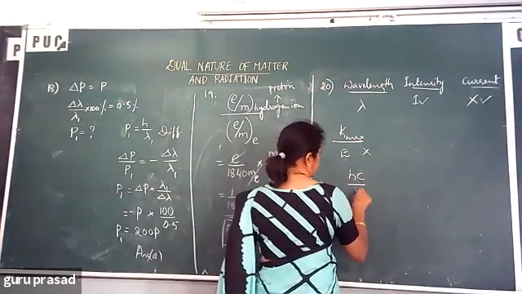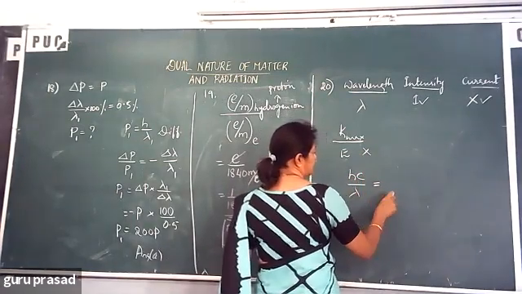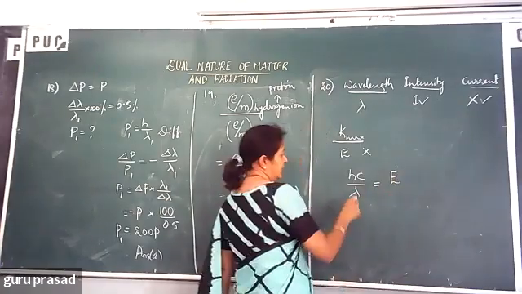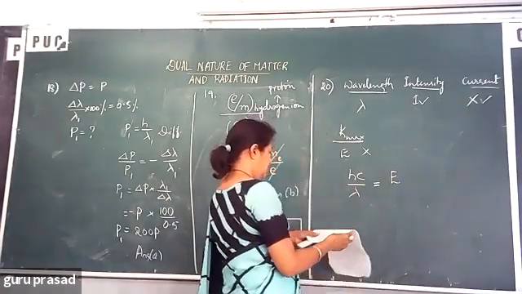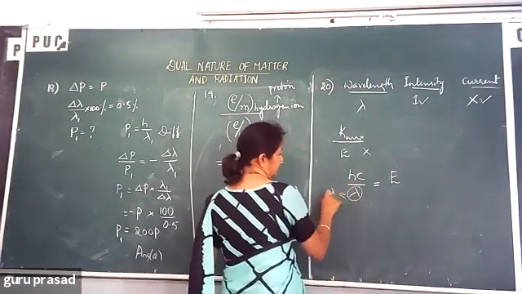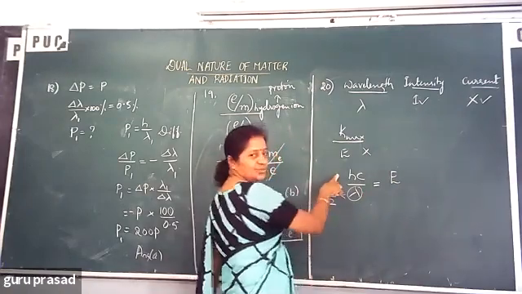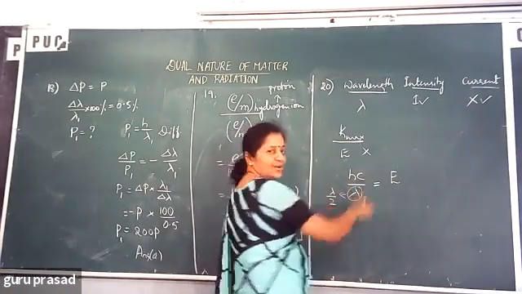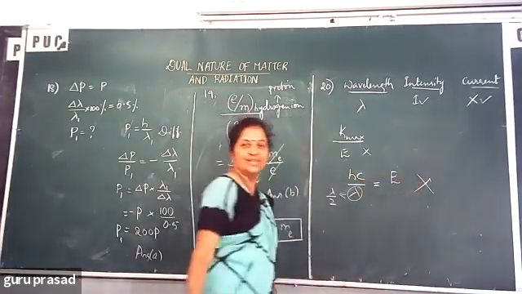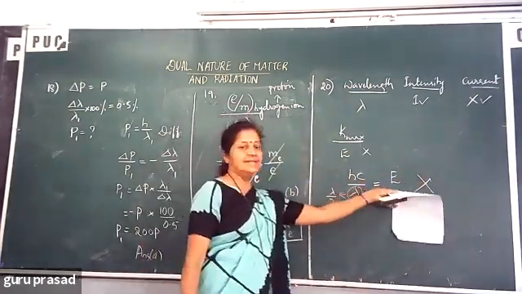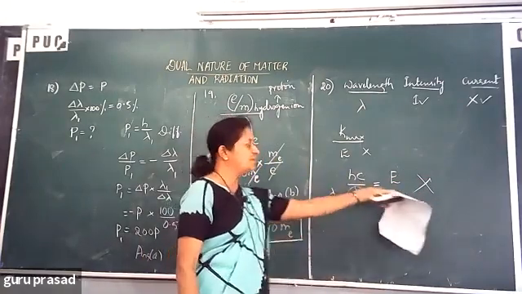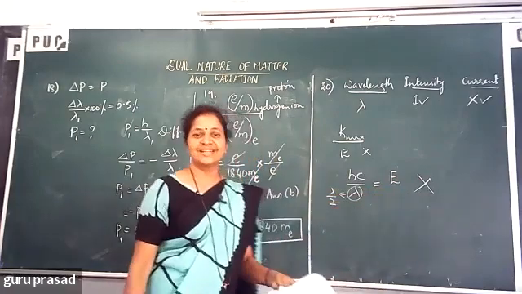If hc by lambda is equal to kinetic energy E, then reducing lambda to lambda by 2 would double it. But this is not the equation. To double kinetic energy, just making the wavelength half is not possible with Einstein's photoelectric equation.